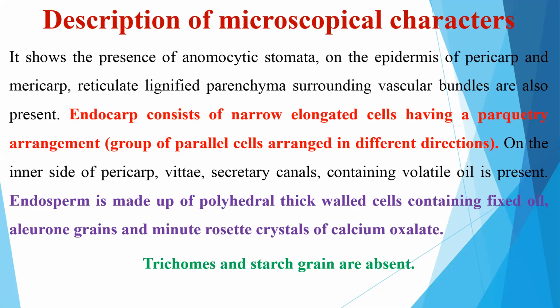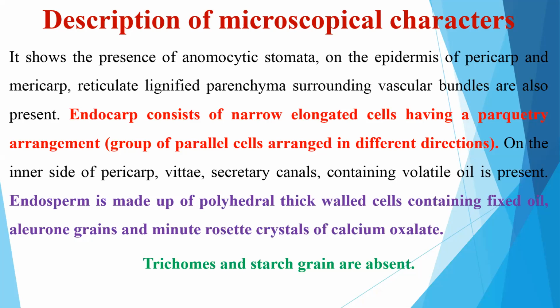So, from the microscopical character, we can see the anomocytic stomata are present in the epidermis layer of pericarp and mericarp. Reticulate lignified parenchyma is present surrounding the vascular bundle, which is also present. Endocarp consists of narrow elongated thick cells which have a certain arrangement called parquetry arrangement.